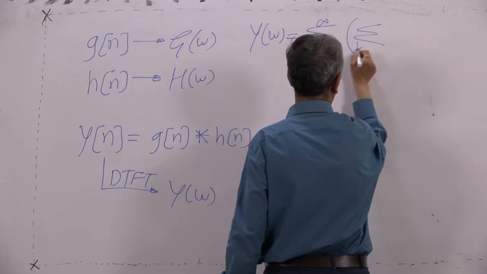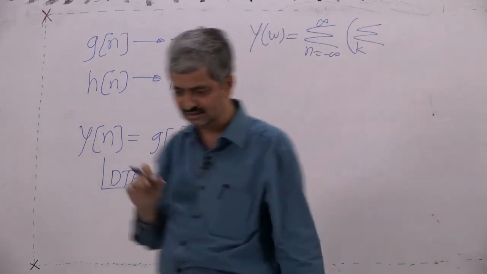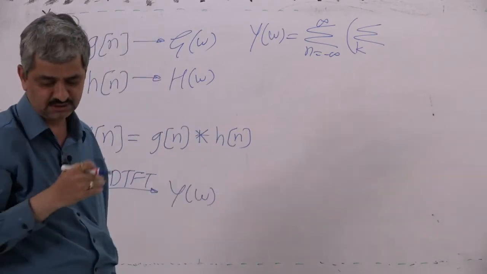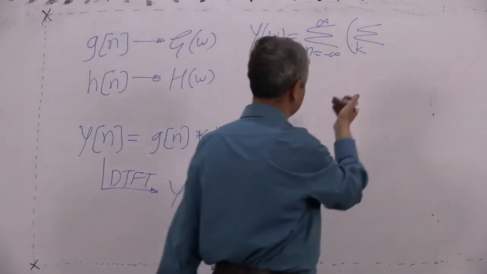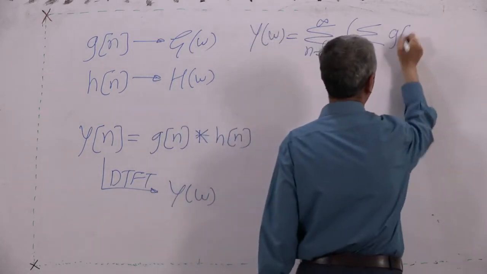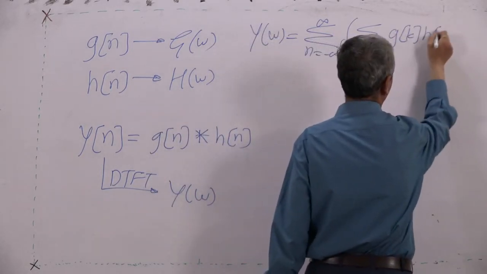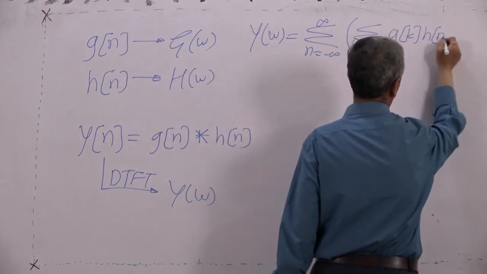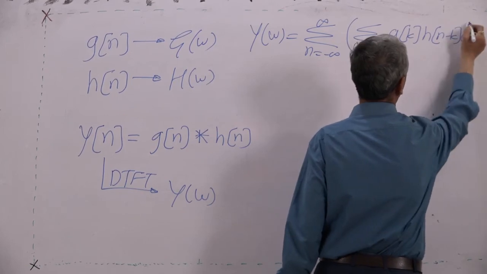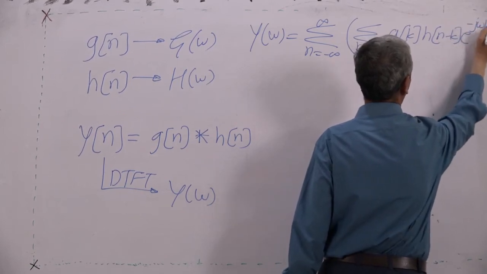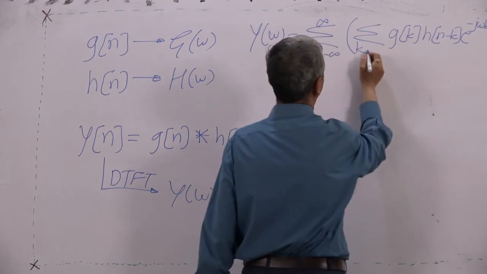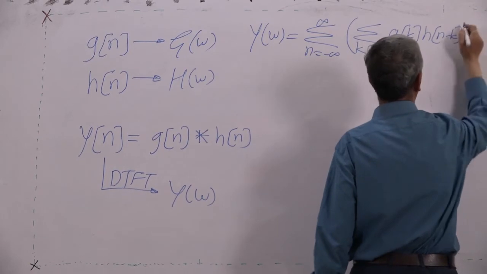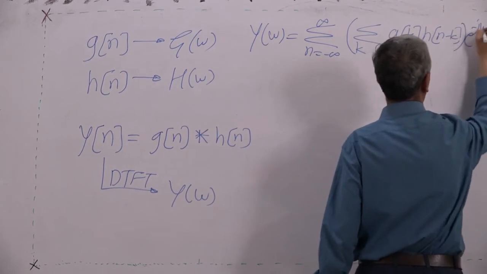We need to use k as an index, and it is the summation over k of gk h of n minus k, or either way also, because convolution is commutative, multiplied by e raised to minus j omega n.